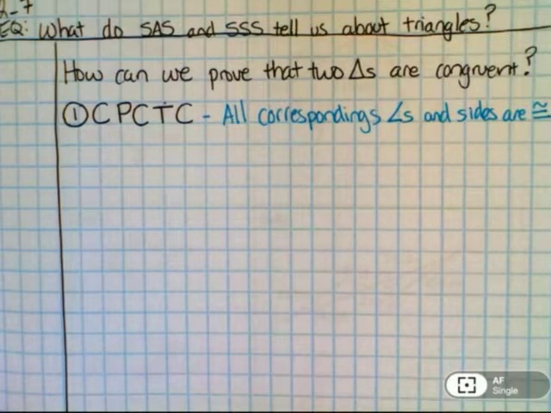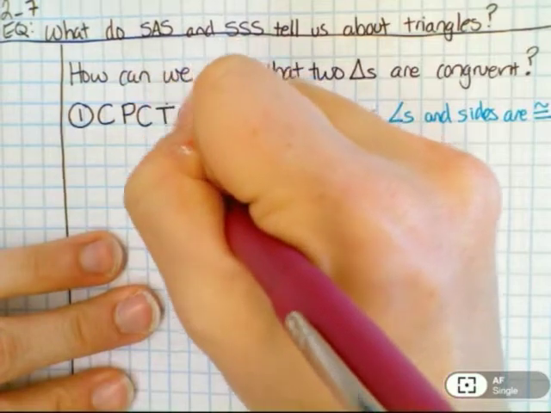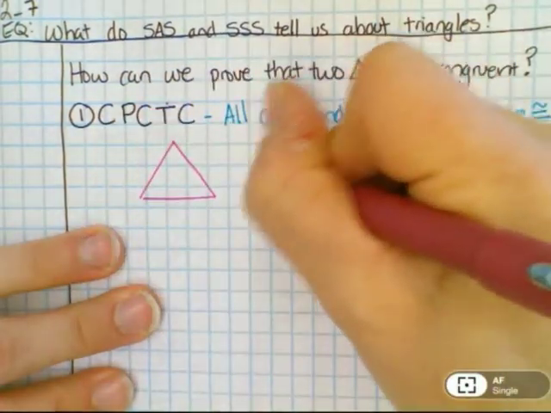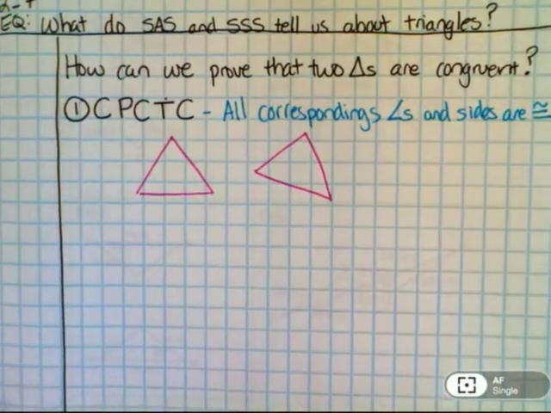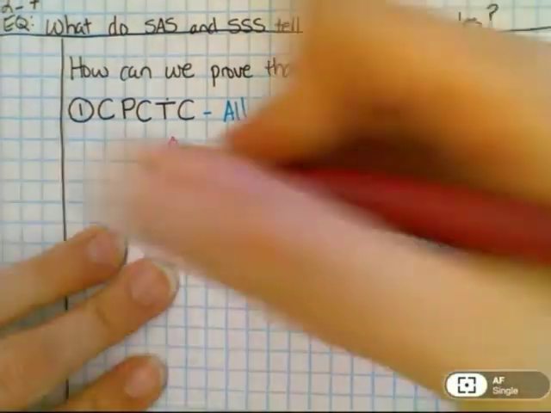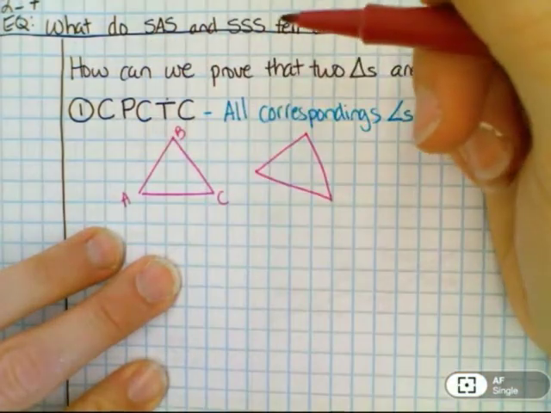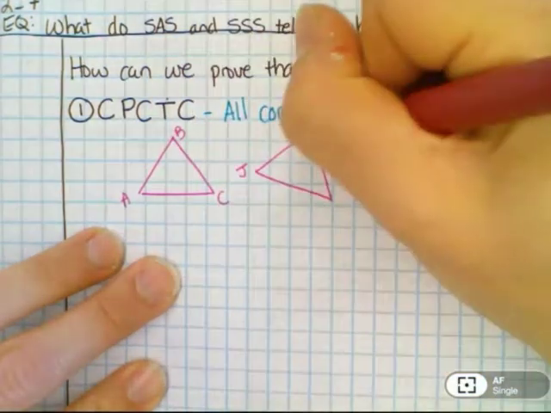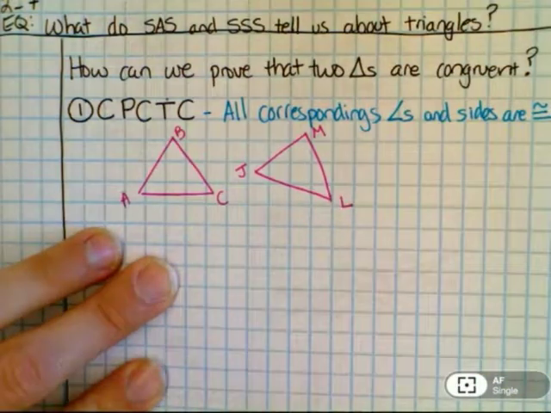And so that might look something like this. Let's draw some triangles. And I'm on purpose making them sort of rotated from one another. And let's mark them up. A, B, C. And we're going to go J, M, L. And we're going to show that we have some information about corresponding parts.